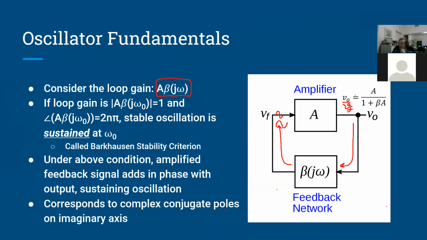Well, if you take a look at this gain equation here, VF, the input voltage, is basically 0 because we're not inputting anything. So the question is, how can we have VO be some value when VF is 0?